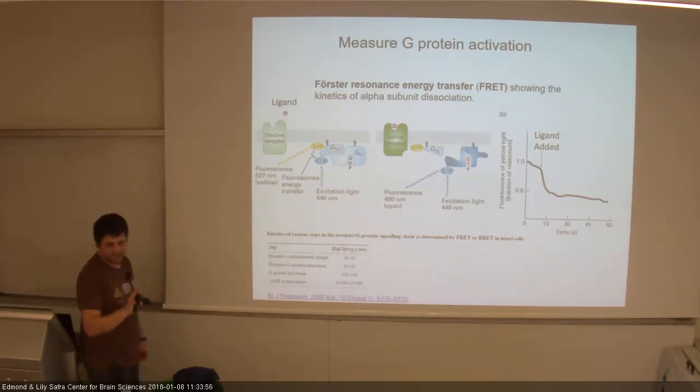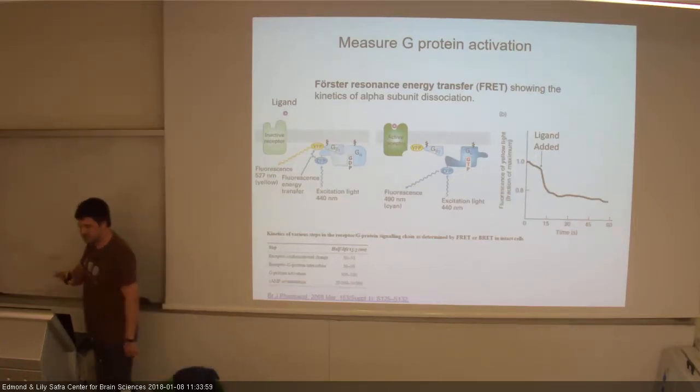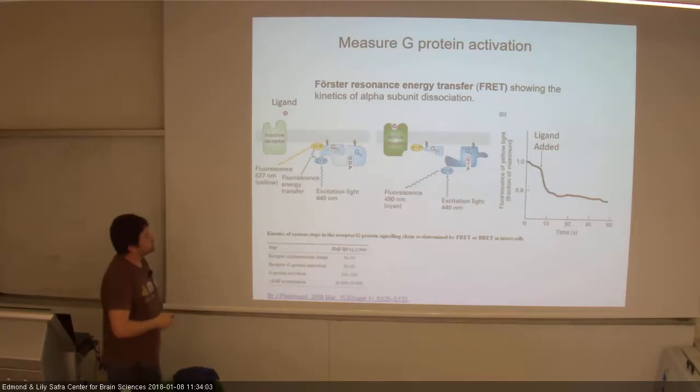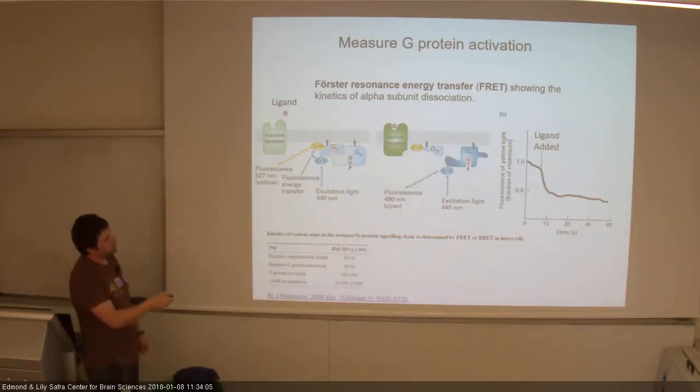This is a bit complicated and fast, I know, but under normal circumstances, let's say these two are not connected to one another, or they're far from one another. If I excite a cyan fluorescent protein with light of 440 nanometers, it will emit at 480 nanometers.